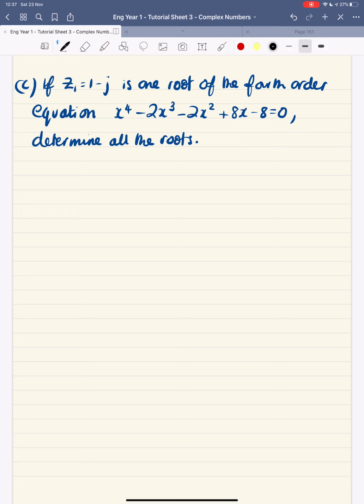Right, part C. If z1 is 1 minus j is one root of the fourth order equation, determine all the roots. So we've got z1 is 1 minus j. So the second one, z2, is 1 plus j.